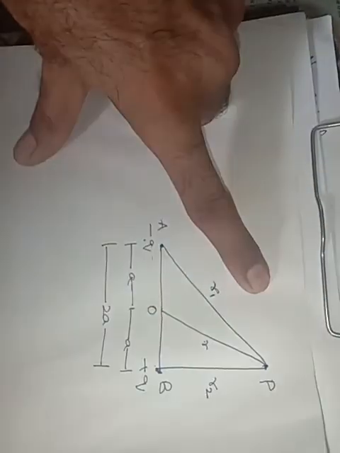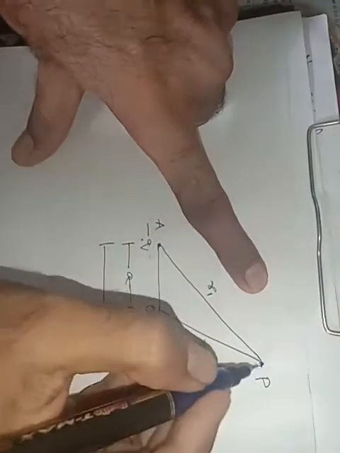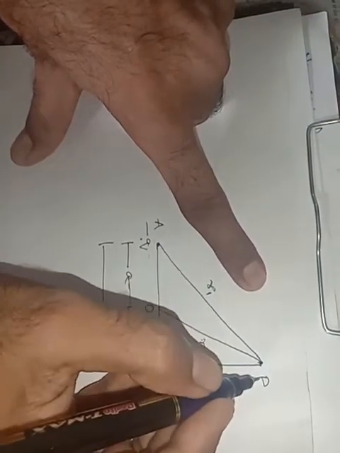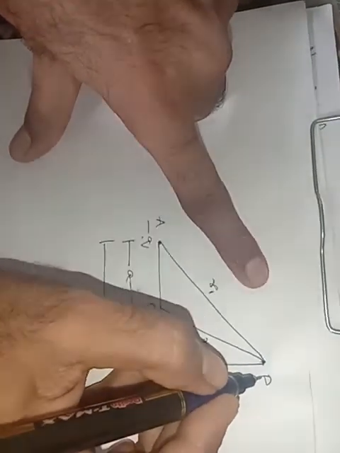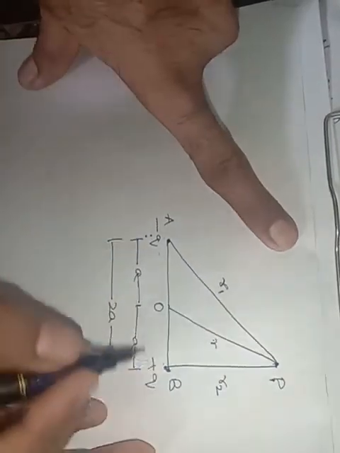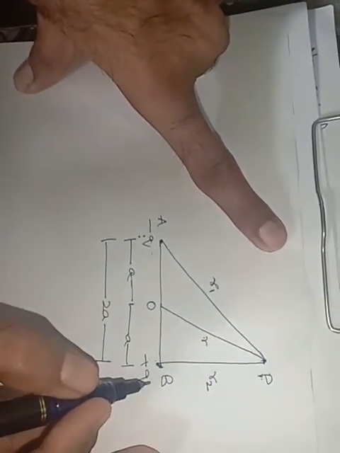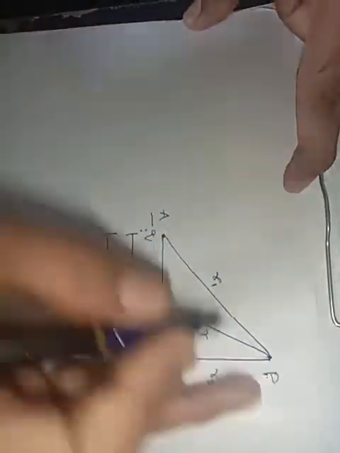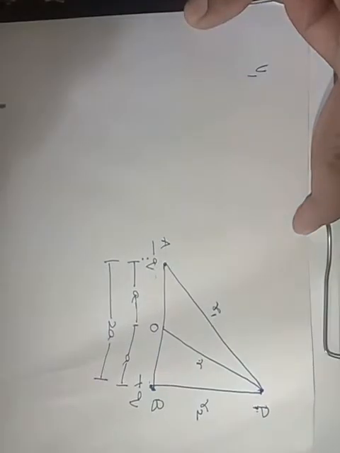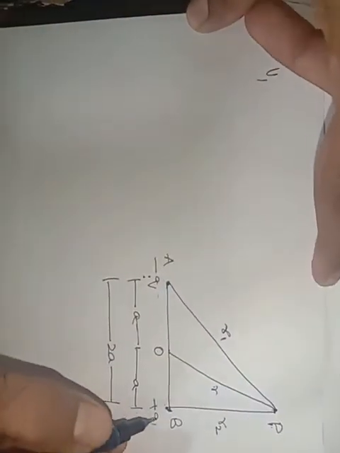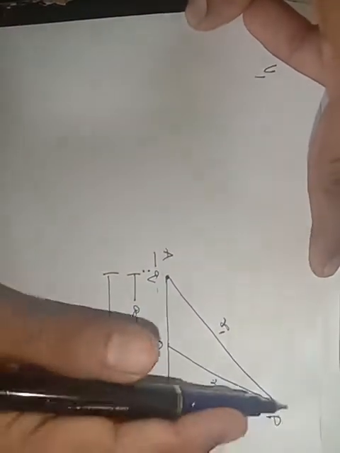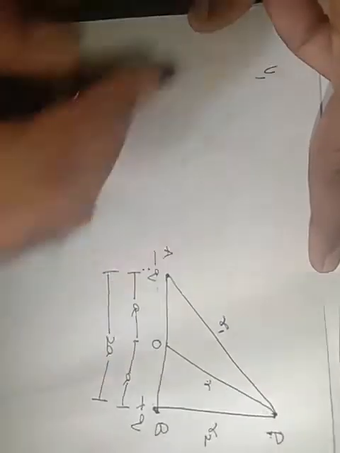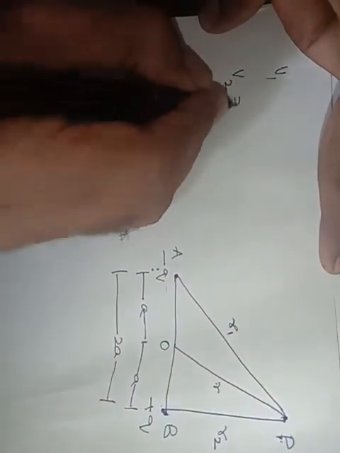So now here, first we have to calculate the potential at this particular point P. So we will consider the potential at P due to minus q and the potential at P due to plus q. Potential at P due to the minus q charge is V1 and potential at P due to plus q charge is V2.